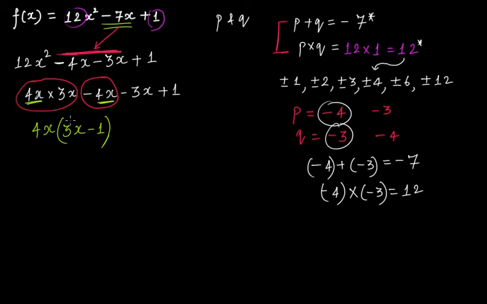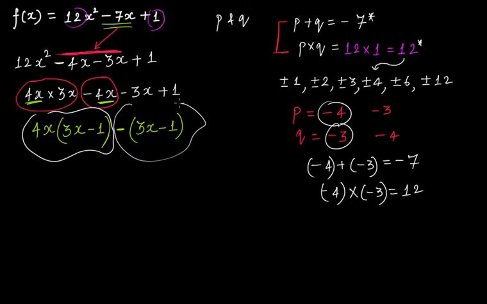We have used the distributive property of multiplication over addition. Now in the other two terms, if you take the minus sign common outside the bracket, then within the bracket you will get 3x minus 1. So now you have two terms in this expression: one is 4x multiplied by 3x minus 1, and another term is minus 3x minus 1.